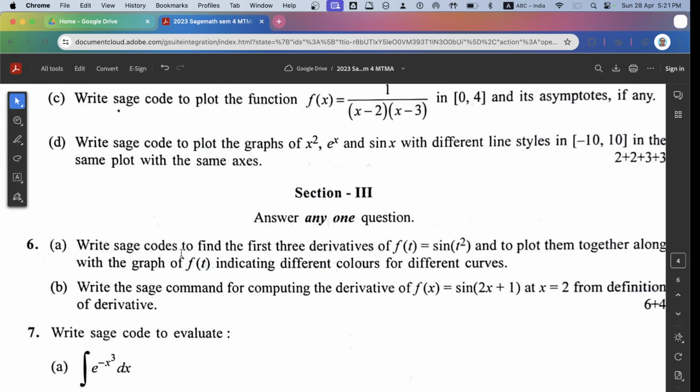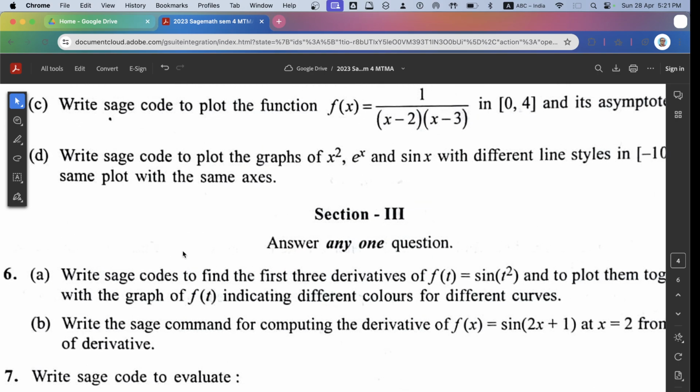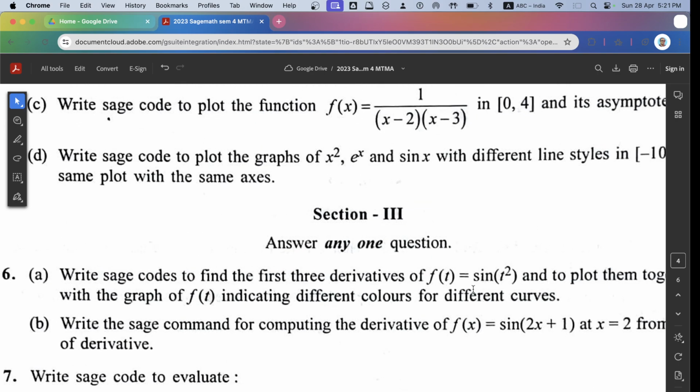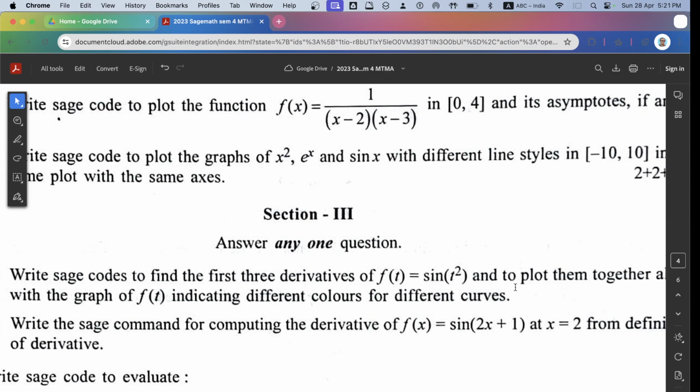Question 6a, write Sage code to find the first three derivatives of f(t) equal to sin(t square), and to plot them together along with the graph of f(t) indicating different colors and different curves.